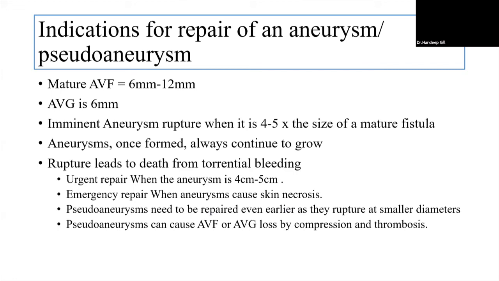And rupture leads to death from torrential bleeding. So urgent repair is indicated when the aneurysm is more than 4 to 5 centimeters in diameter. Emergency repair needs to be done when aneurysms cause skin necrosis. And pseudoaneurysms need to be repaired even earlier as they rupture at smaller diameters. Pseudoaneurysms can cause AV fistula or AV graft loss by compression and thrombosis.